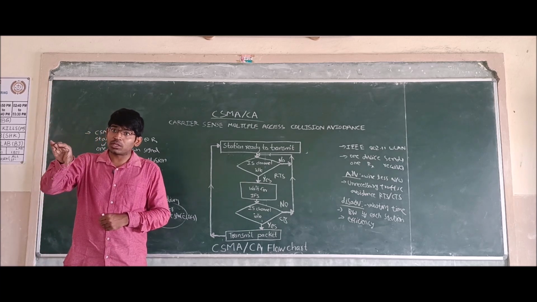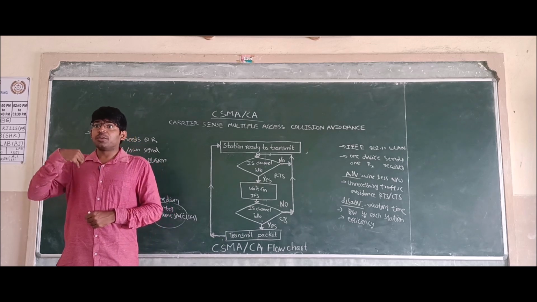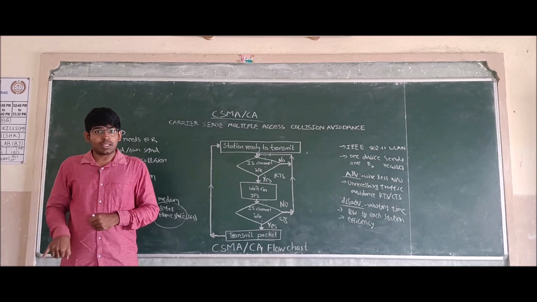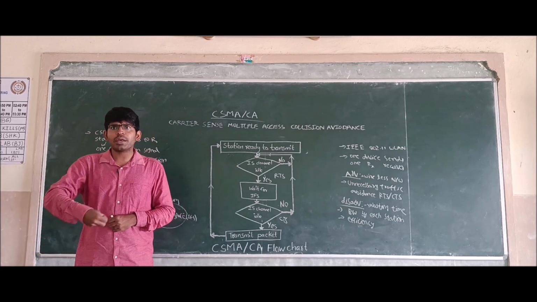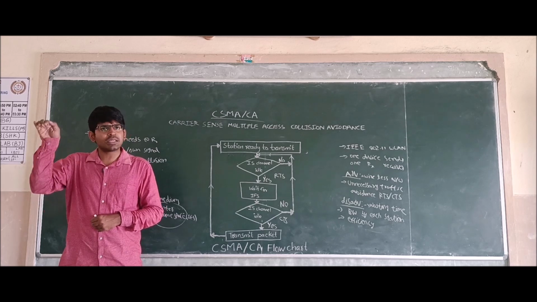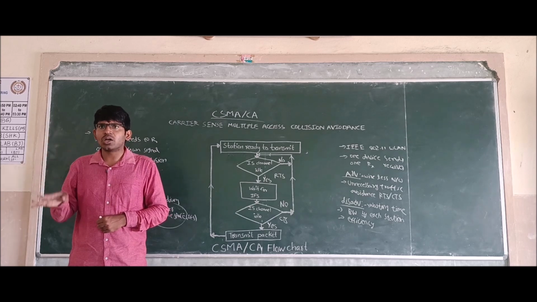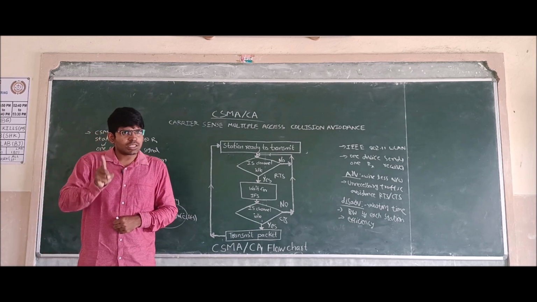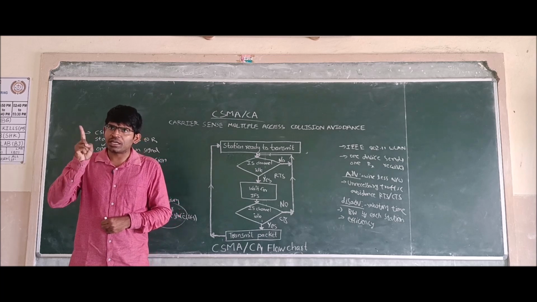After that time, we check again, and if there is no data in the channel, you can send the information now. That's how we make sure that at a time, one station sends and one station receives.